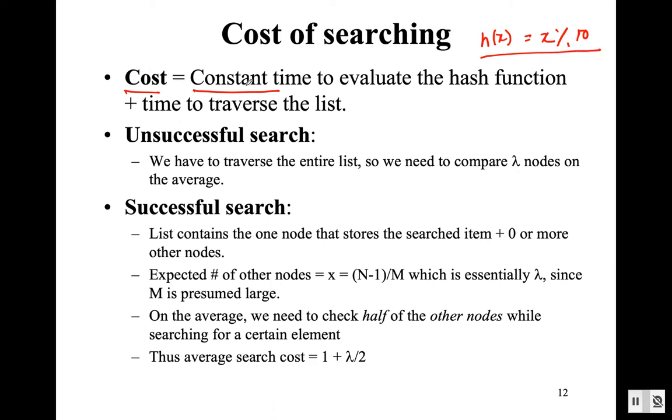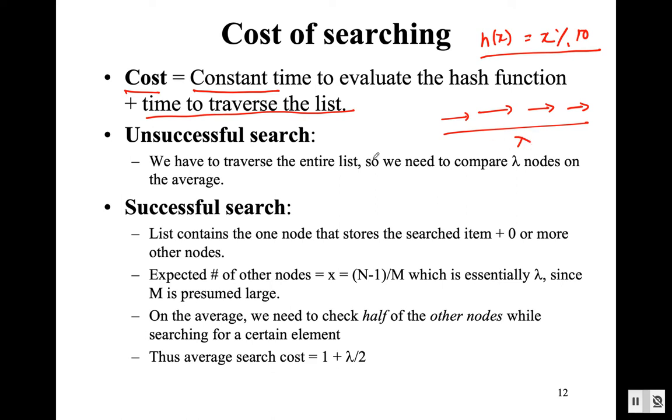So the cost is going to be constant time to evaluate the hash function plus the time to traverse the list. The time to traverse the list depends on the size of the list. The average size of the list is known as the load factor.